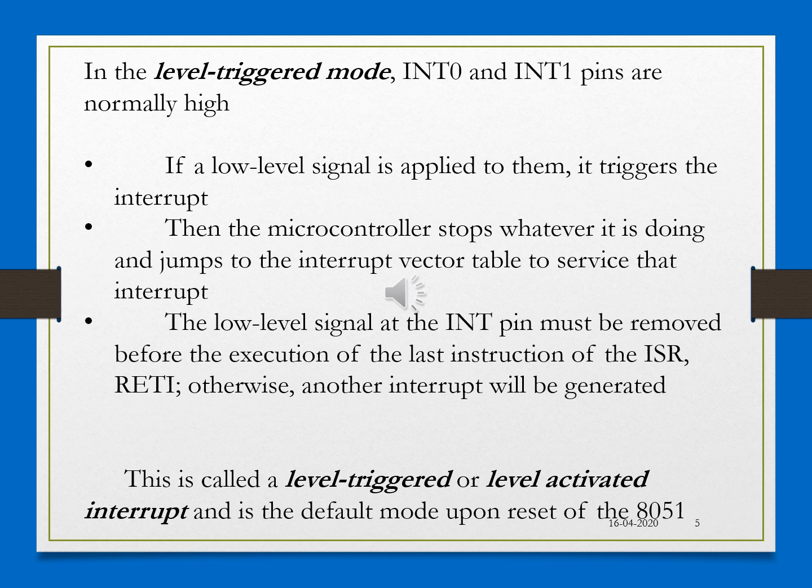So in the ISR you have to take care that the low level signal at pins P3.2 and P3.3 is removed, as an indication that the ISR is executed and you have responded to the interrupt. If you have not removed the low level signal, it means there is still an interrupt at this pin, and again it would go to that ISR location and execute the ISR again.